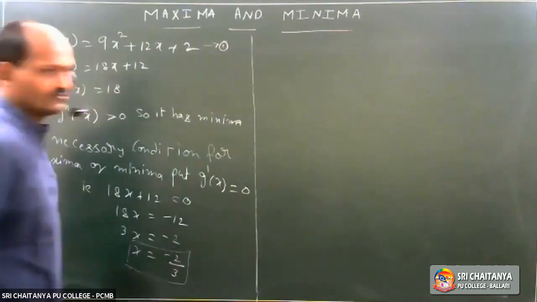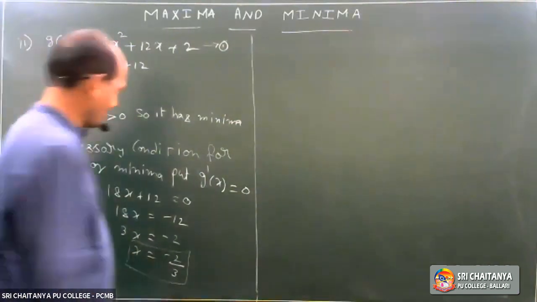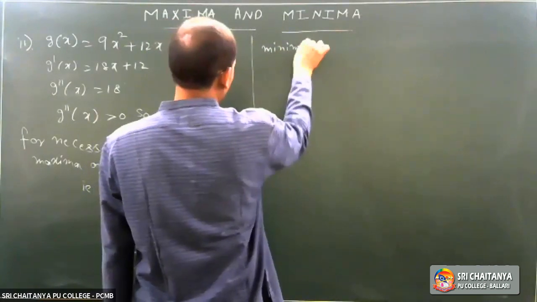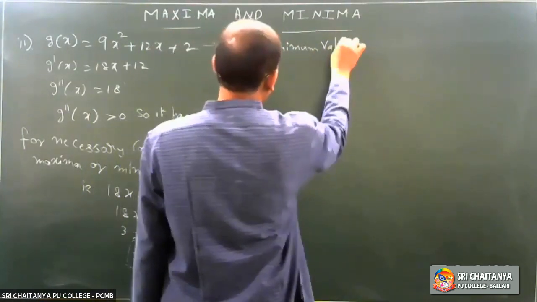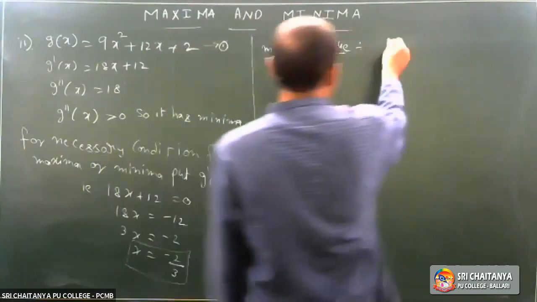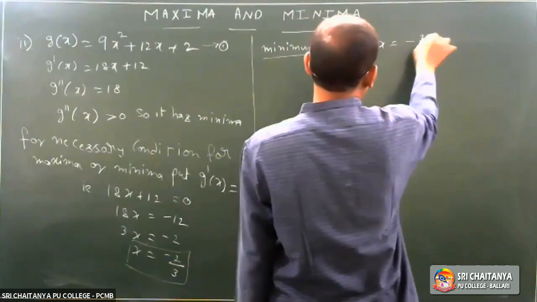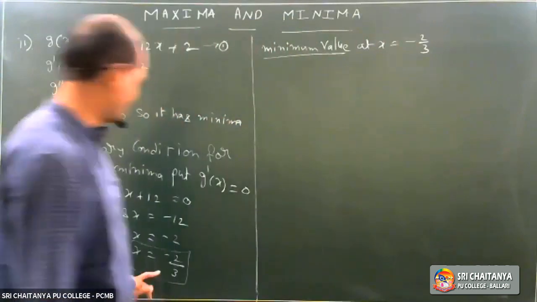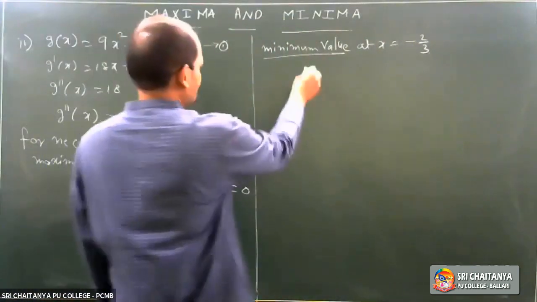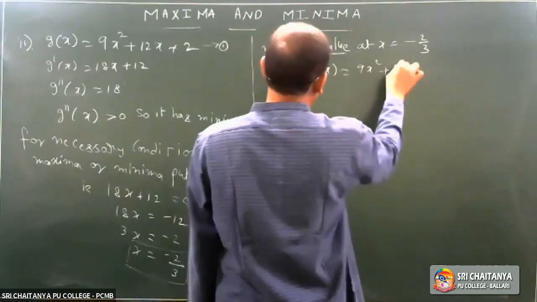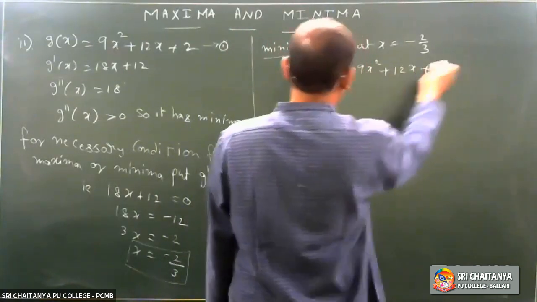Substitute in the given function. We get a minimum value. So the minimum value at x equal to minus 2 by 3. First, g of x is equal to 9x square plus 12x plus 2.